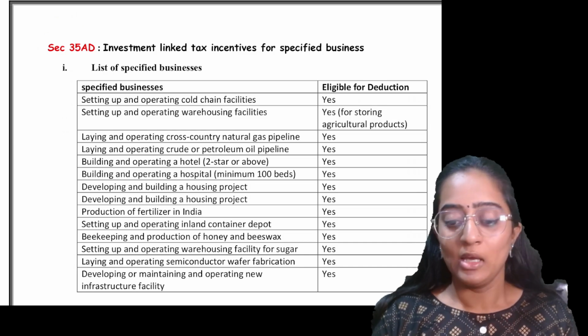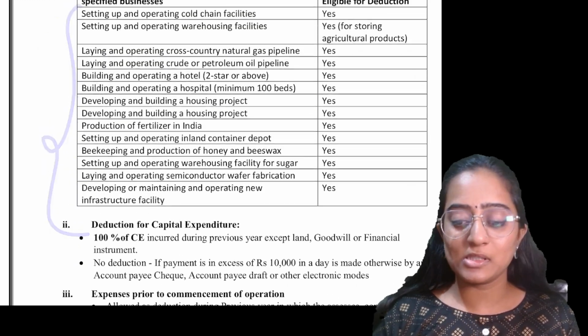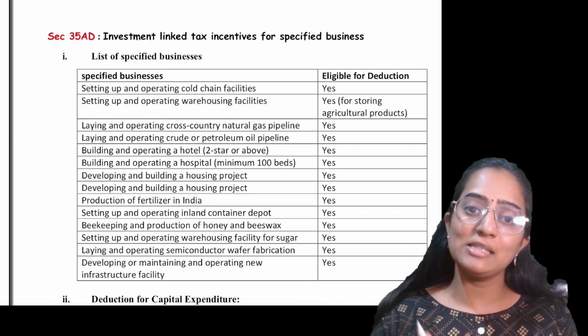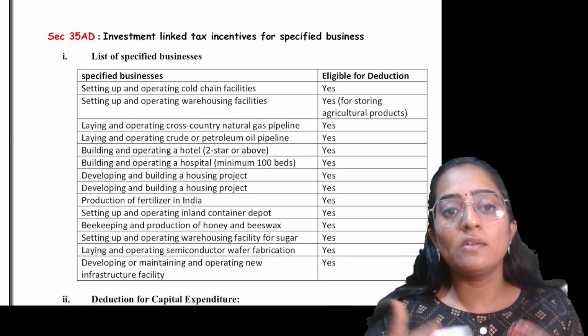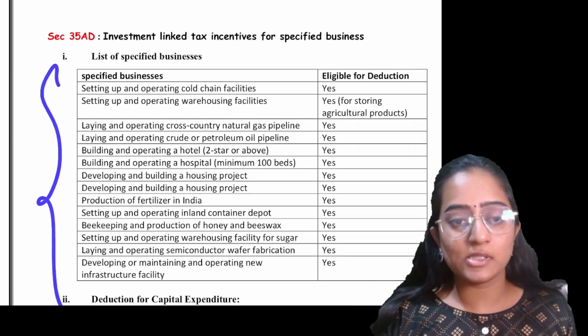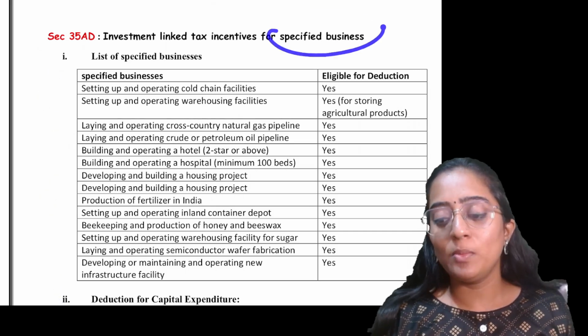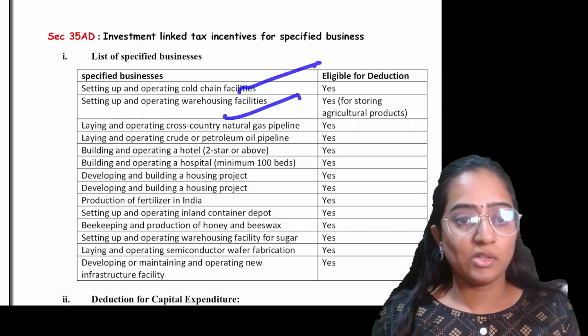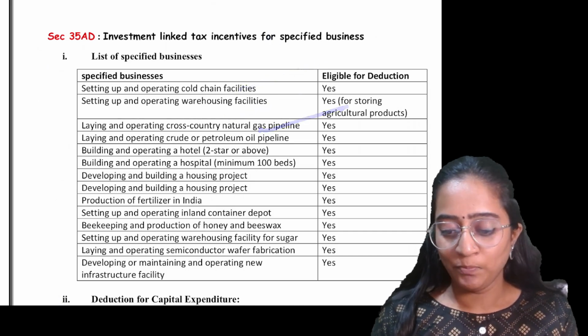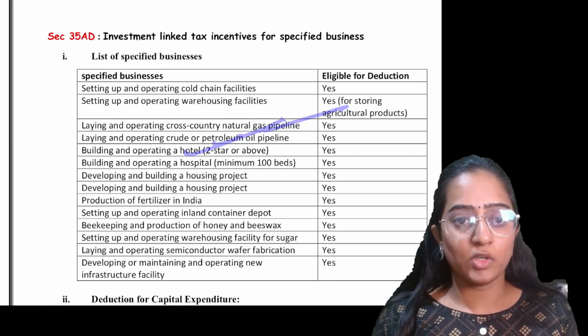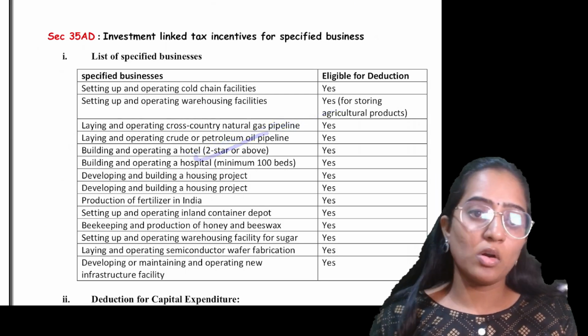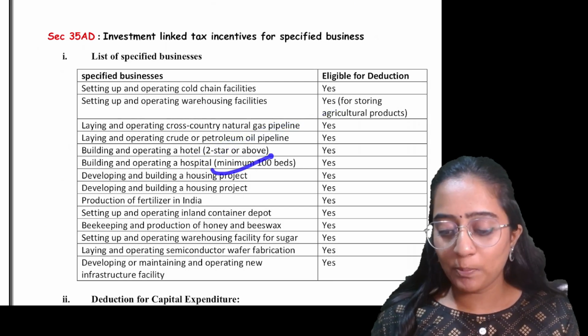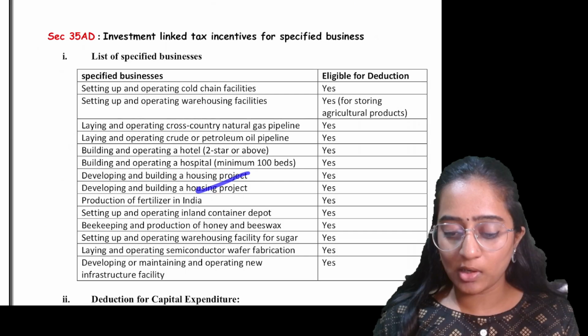How you are going to see this, a list of specified businesses is being provided. This list is as it is. If you are making investments in this business, if you're doing this business, you will be classified under specified business category. That is cold chain facility, warehousing facility, natural gas pipeline, a hotel of 2 star or above, building or operating a hospital, developing and housing project, etc.